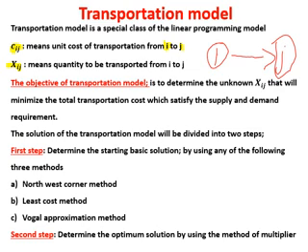We have three methods: the northwest corner method, the least cost method, and finally the Vogel approximation method. These all give a starting basic solution, but we want the optimum solution. In our models and problems in the operation research course, we always seek to get the optimum solution, not the starting solution, not just the feasible solution.